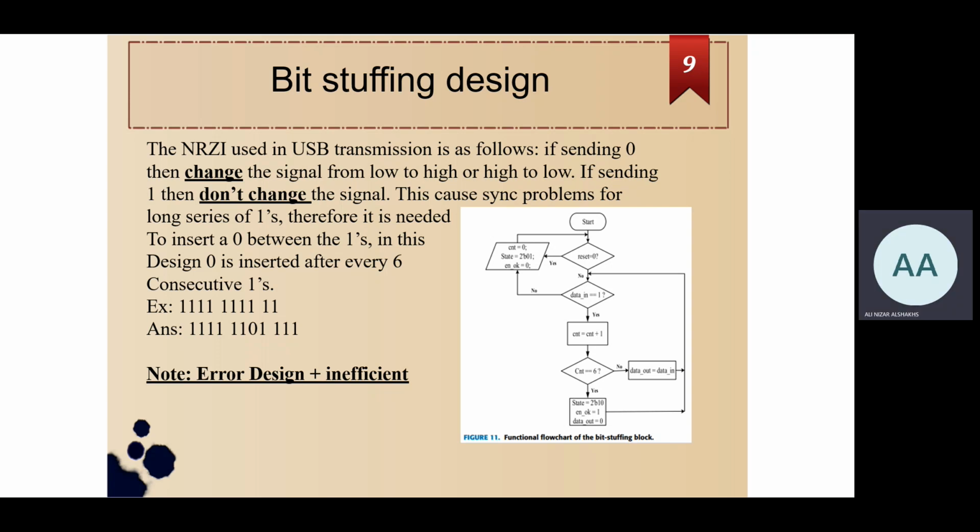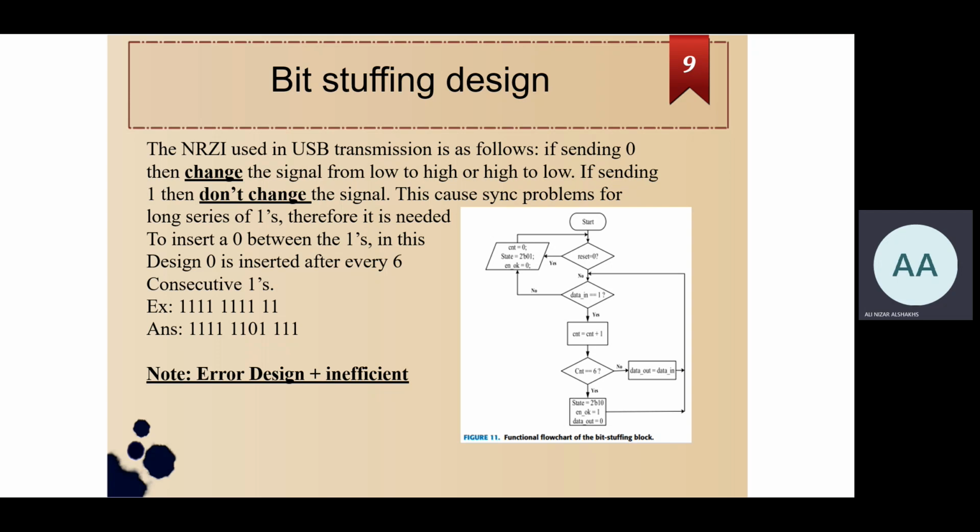So we need to insert a 0 after some ones, which is designed as 6. So if we send six ones, we need a change of data so that the synchronization between the two FPGAs will not stop. So it will add a 0 and then continue sending ones.